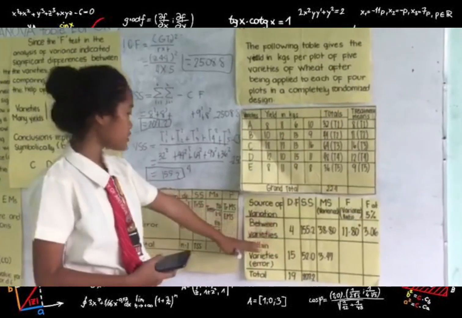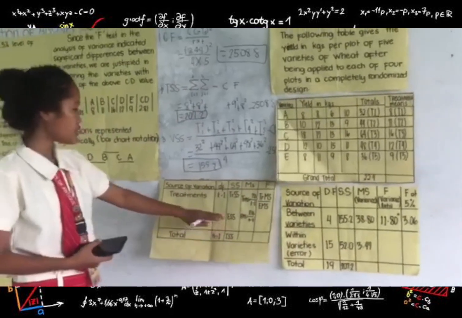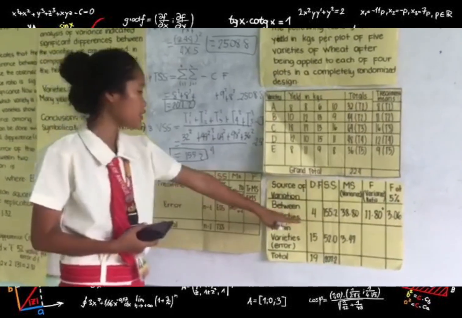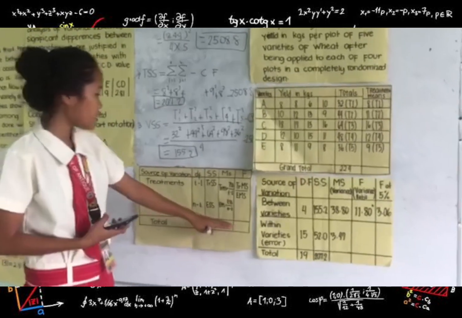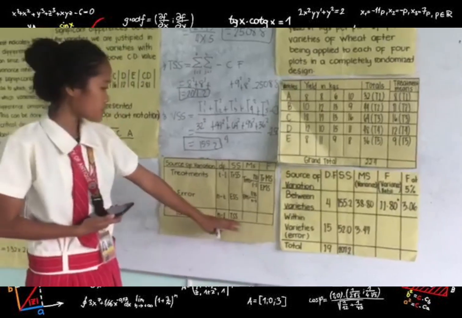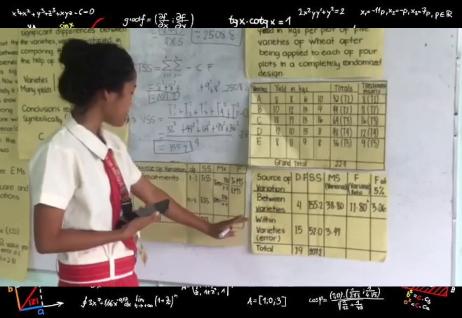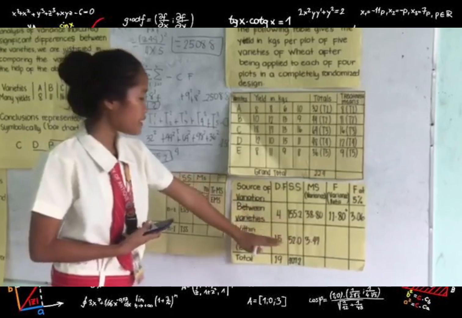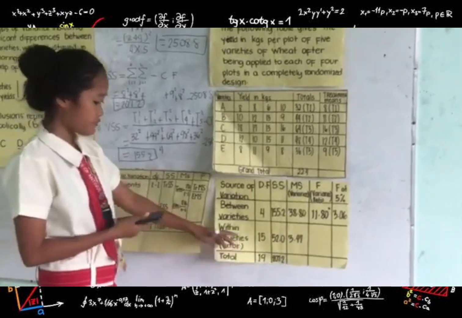For the source of variation between varieties, our degrees of freedom is 4, which is treatment minus 1. We have 5 treatments, minus 1 gives 4. For within varieties error, we have N minus T, which is 15. The total is N minus 1: 5 plus 15 is equal to 20 minus 1, which is 19.